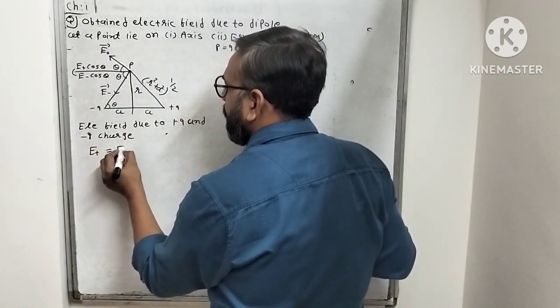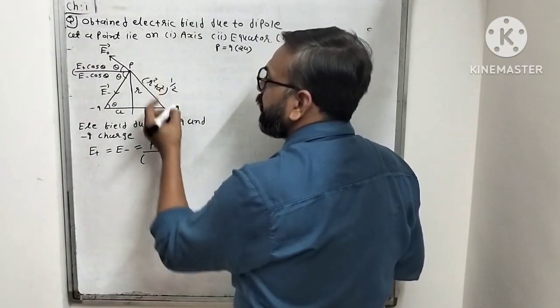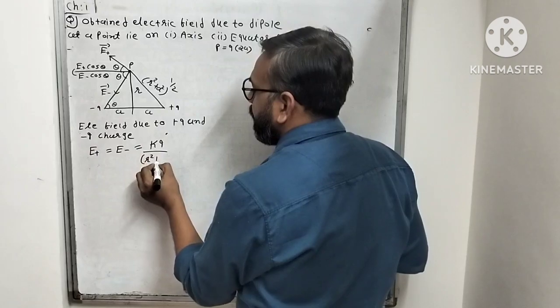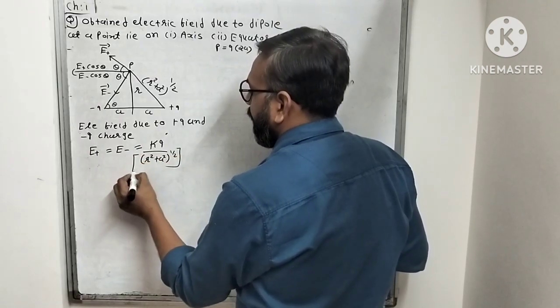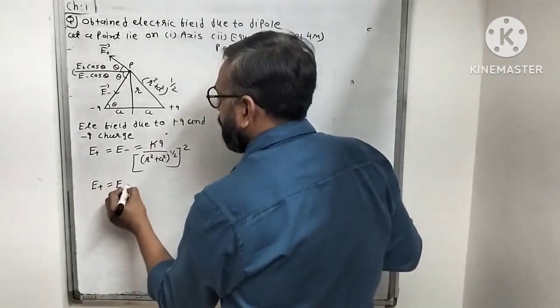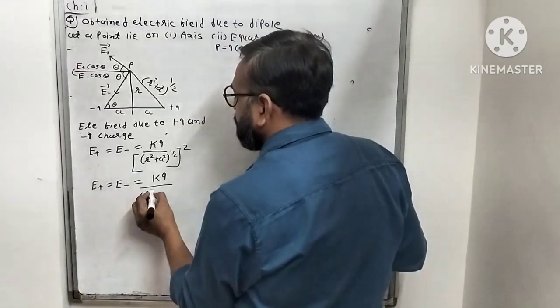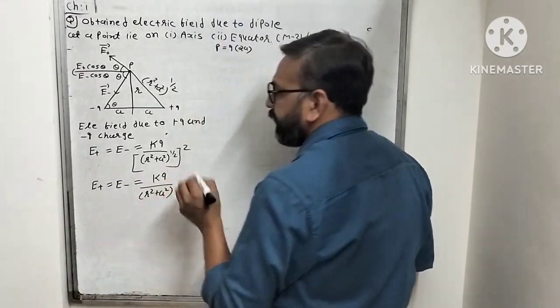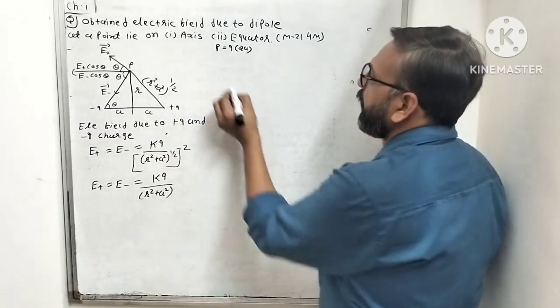So E plus equals E minus equals kq upon distance square, that is (r square plus a square) raised to 1 by 2, whole square. So we get E plus equals E minus equals kq upon r square plus a square. So now the net electric field at the equator.